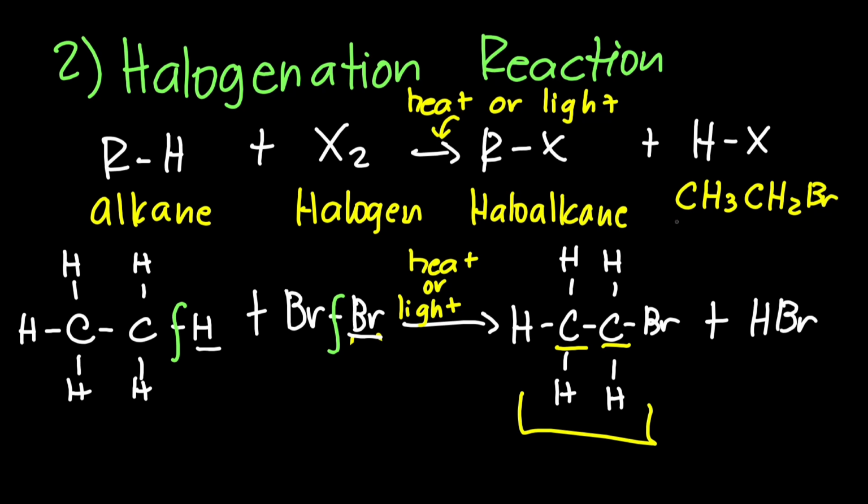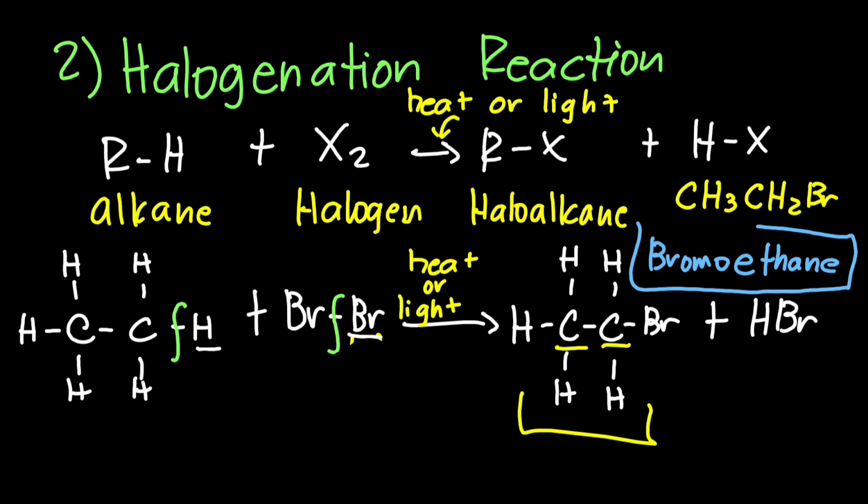And so the name of this product in here would be bromo, which is the substituent of bromine. And we have 2 carbons in here, which is the main chain, which corresponds to ethane. So your product in here is bromoethane.